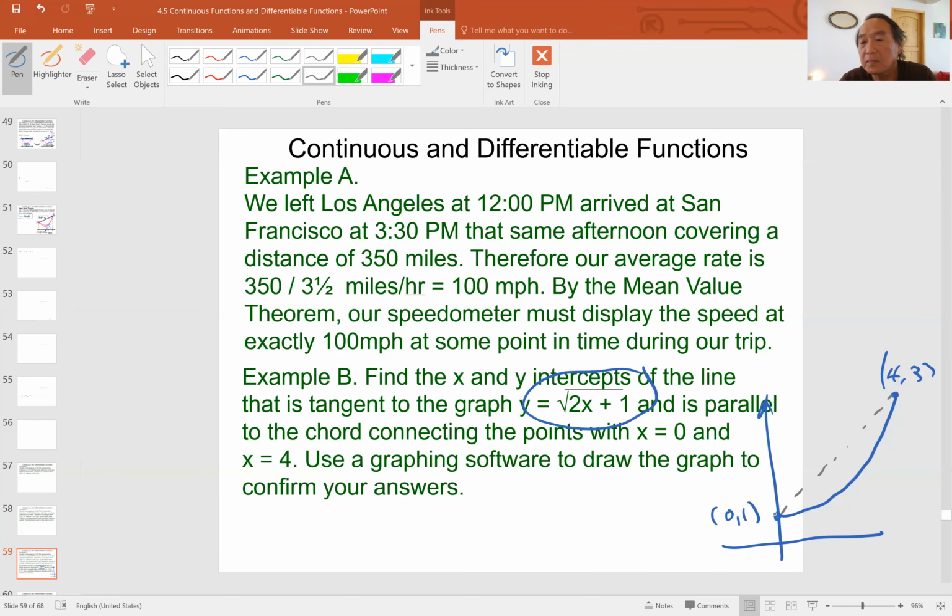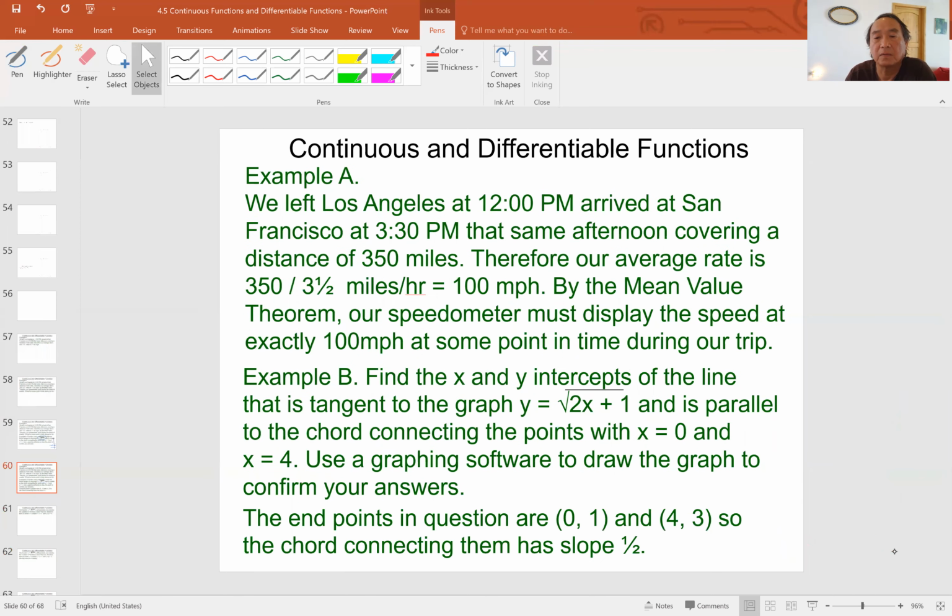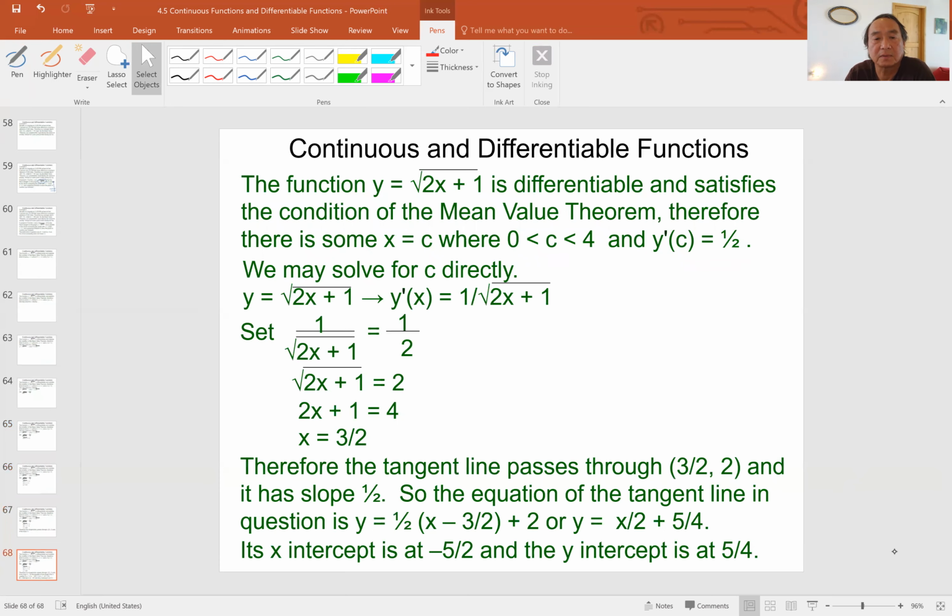What's the slope? Actually, we can calculate: 3 minus 1 is 2, 4 minus 0 is 4, so the slope is 1/2. Then the question is asking you to find the locations where the tangent line has f prime of c equal to 1/2. Basically, that's what it's asking you to look for in the picture. And the calculation is straightforward: derivative set equal to 1/2. And that's it.